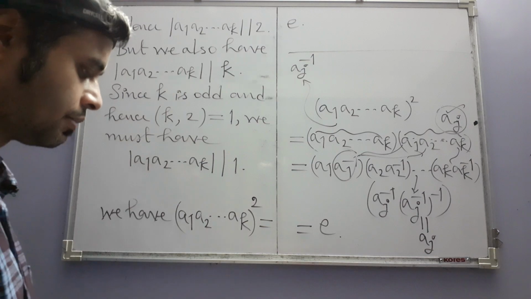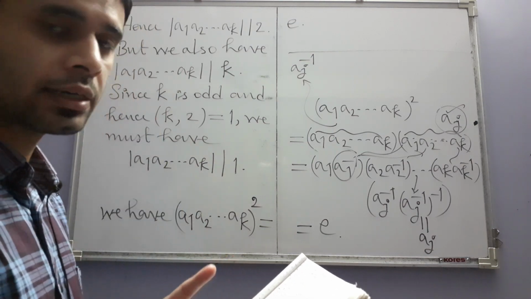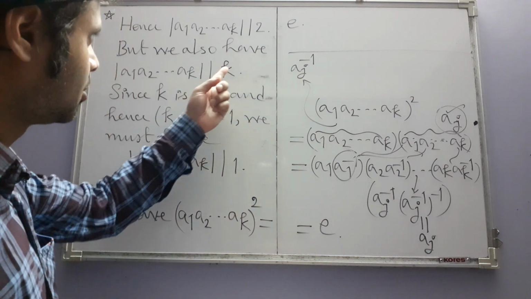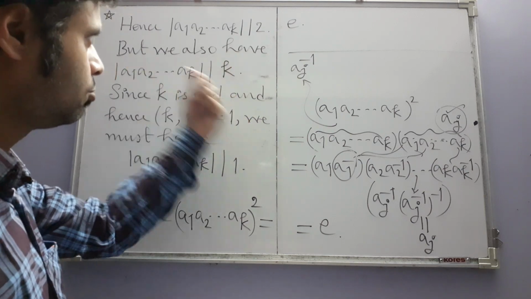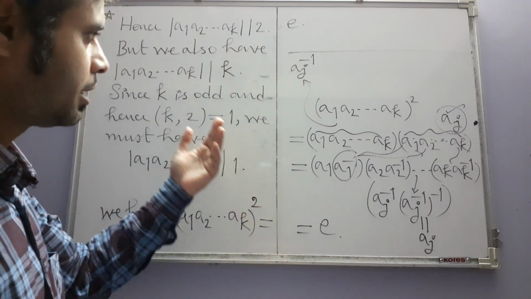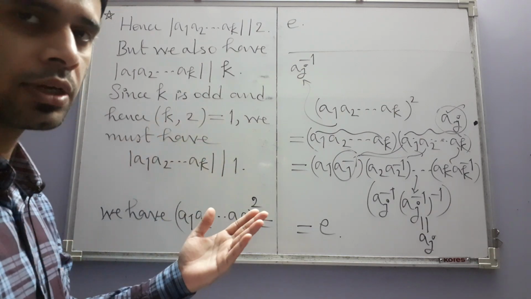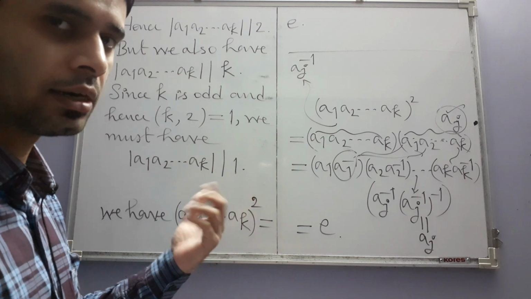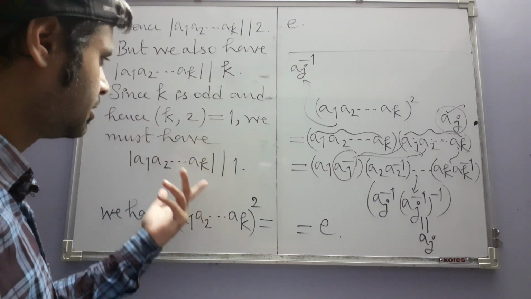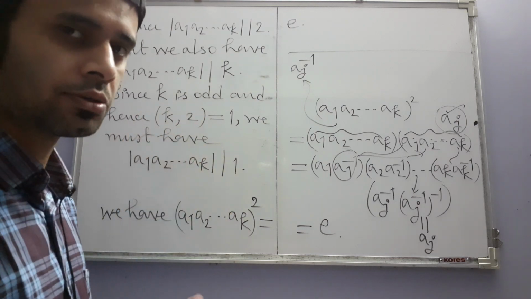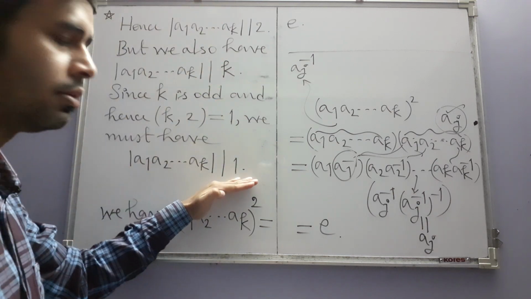It's like that thing where we used the fact that the GCD of 28 and 65 is 1. Because K is odd, 2 does not divide K, and this fact leads to this equation that the GCD of K and 2 is 1, or in other words that they are relatively prime. But then again you would find some integers, say alpha and beta, such that alpha K plus 2 beta is equal to 1. So using that equation and these two divisibility relations, we get this.